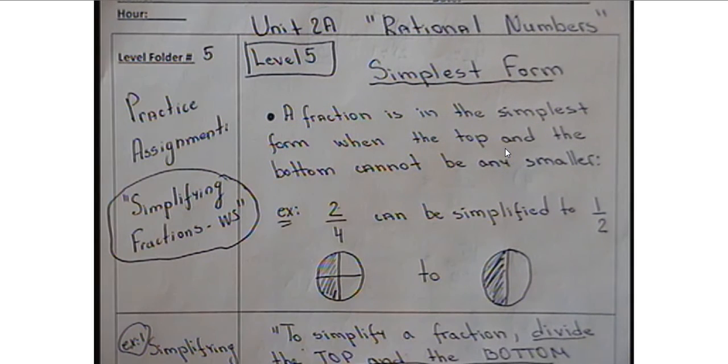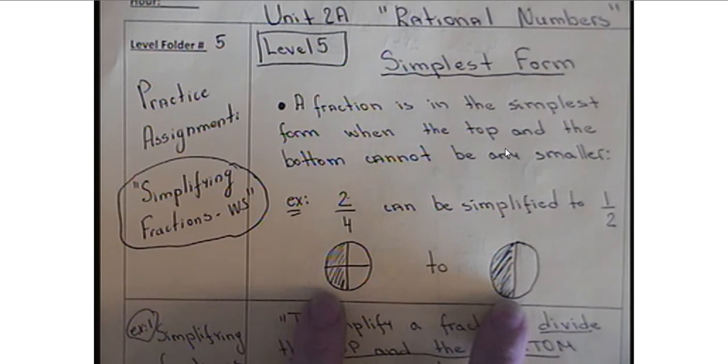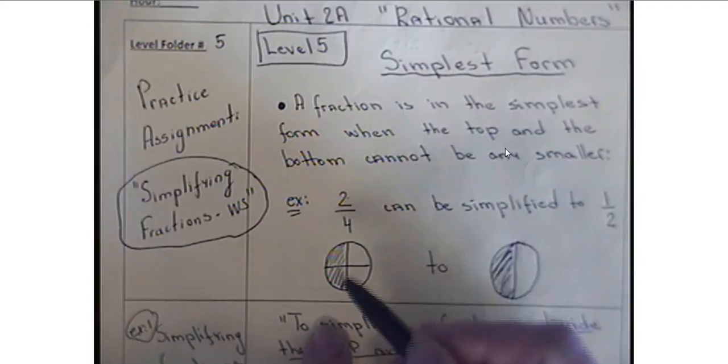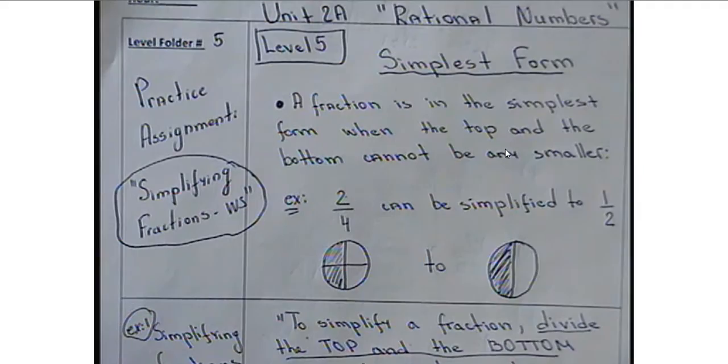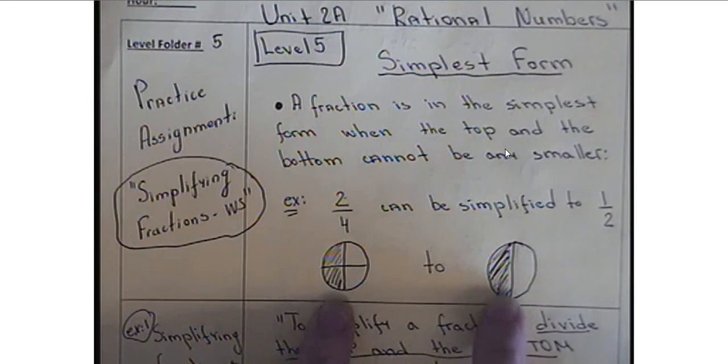So why do we call those equal to each other and we simplify? Because the amount of leftover pizza is exactly the same. The difference is this is cut into 2 pieces, this one is cut into 4 pieces. So basically those two are equal to each other.